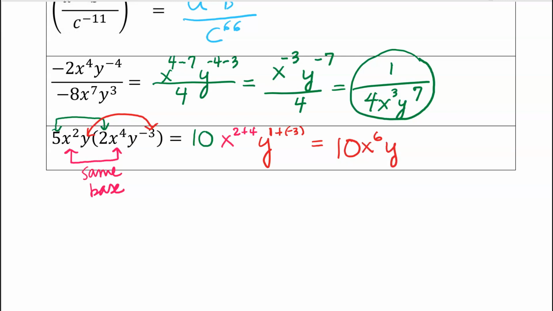And we also have y to the negative 2. Now what should we move? We should move the y to the negative 2 to the denominator. So the final answer would be 10 x to the 6 over y squared.